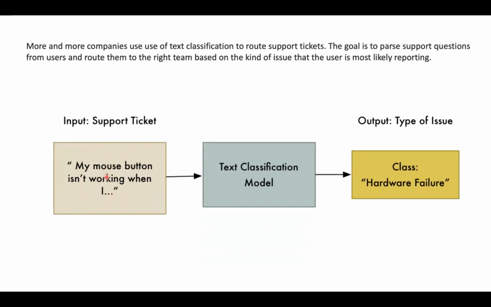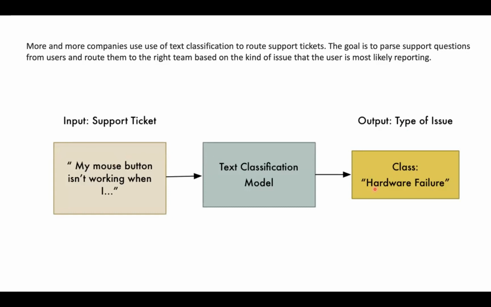That means it is somewhat related to hardware, so we need to redirect that question to the hardware team. When we pass it as input to the model, the model should identify that type of issue as a hardware failure. By using classification to automate the busy work of supporting the tickets, the team is freed up to spend more time actually answering questions.